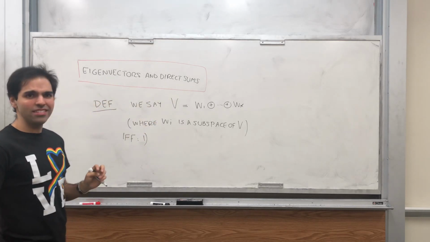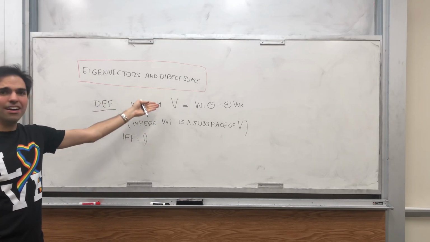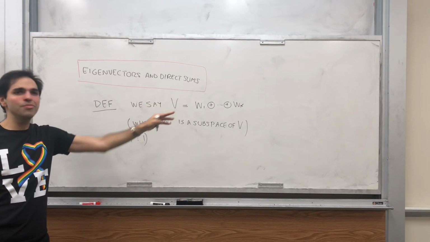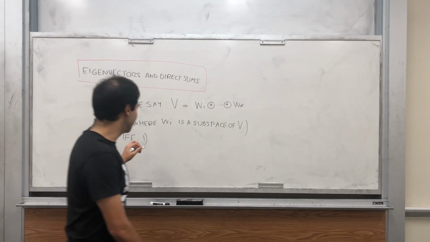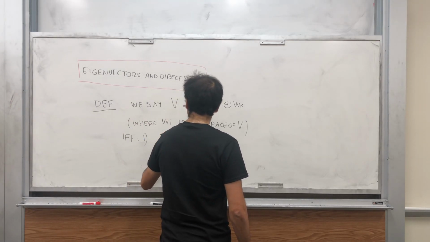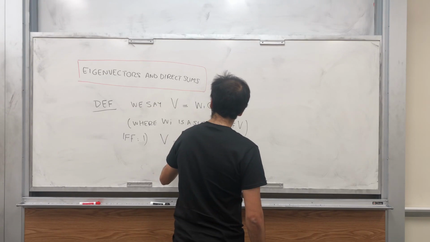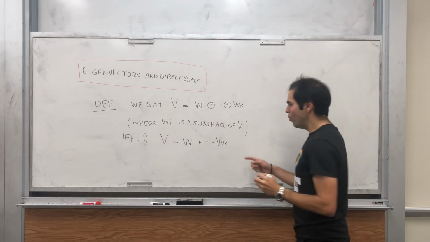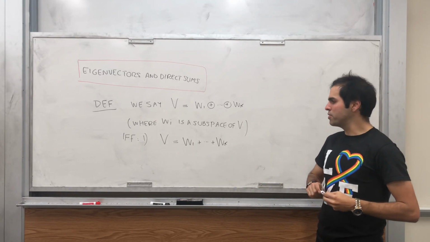First of all, why is it called a direct sum? Because in order to be a direct sum, V has to be a sum of those spaces. So V is the sum of W1, etc., up to Wk. What does it mean to be a sum of subspaces?